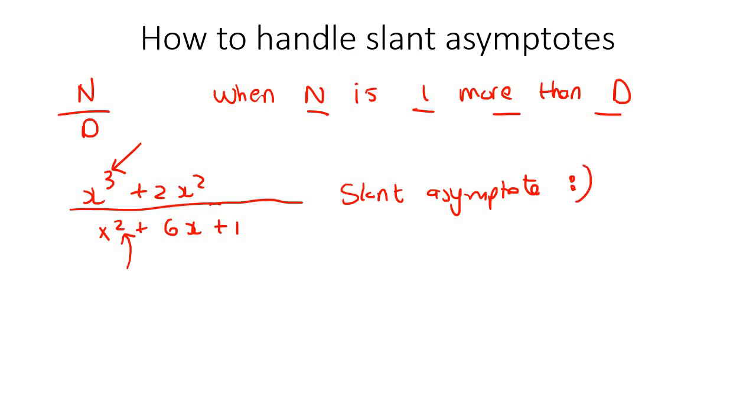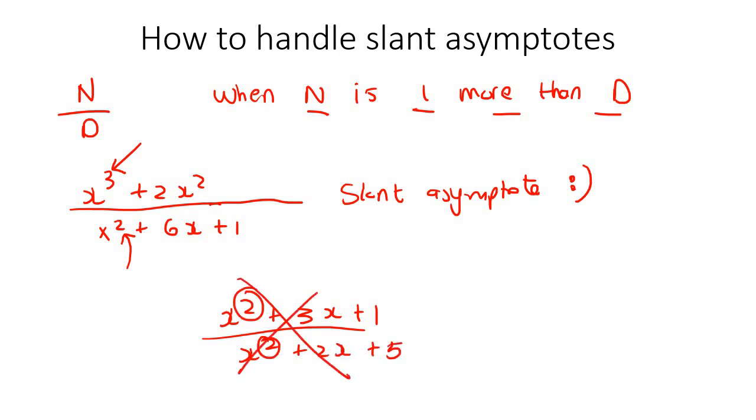If there is any other scenario, then there will not be a slanted asymptote. For example, if you have x squared plus 3x plus 1 over x squared plus 2x plus 5, can you see that these are the same? No slanted asymptote. What about 3x to the 4 plus 2x squared over 7x to the power of 7 plus 1x to the power of 5?